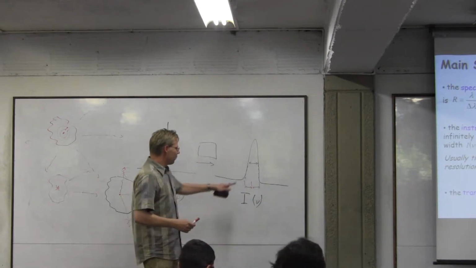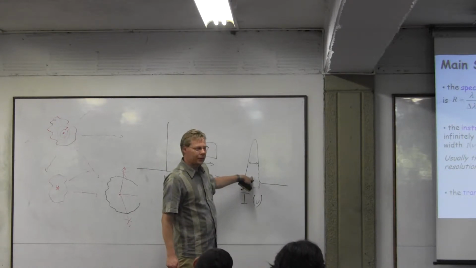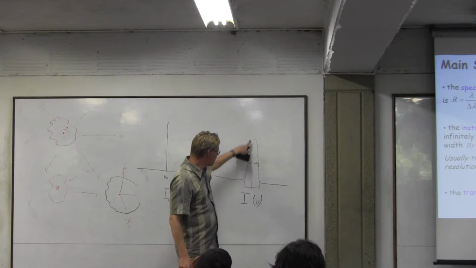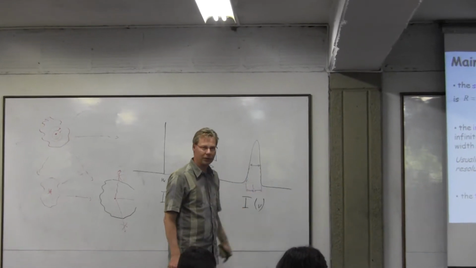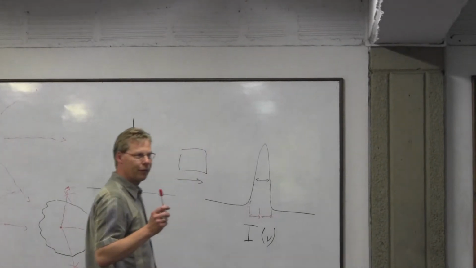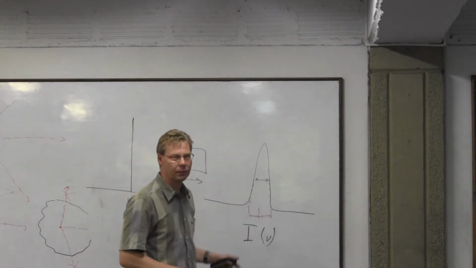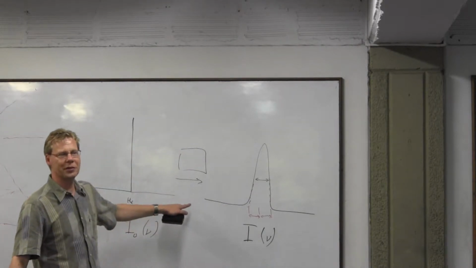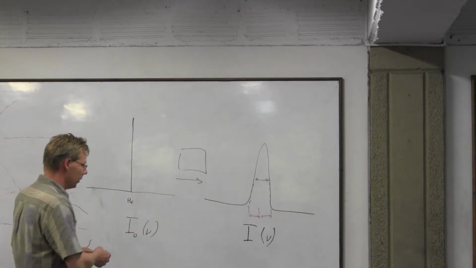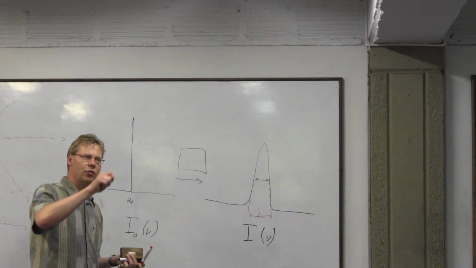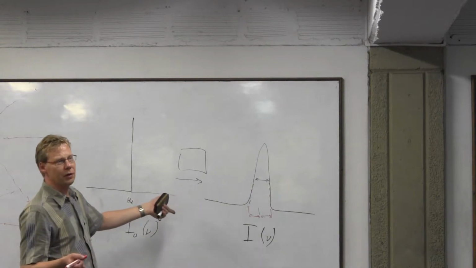Now, remember, the Nyquist theorem says that in order to learn that there is such a line, you need to sample it with 2 pixels. If you have higher demands, if you want to know more about this line, remember before we said in an HII region where we have very broad lines, if we study the line shape exactly, then we learn a lot about the dynamics.